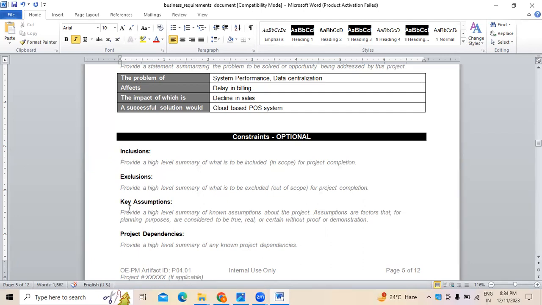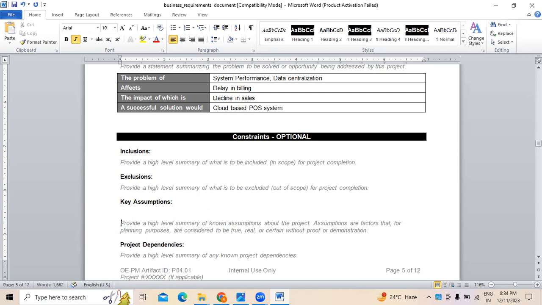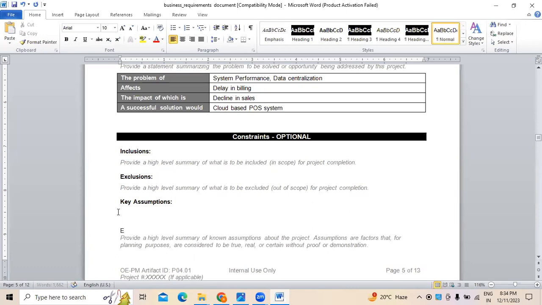Next, after that, key assumptions. What are the key assumptions we need to consider? Let's say I'll write down the points. What are the assumptions? Assume that end users are new to the use of cloud services.